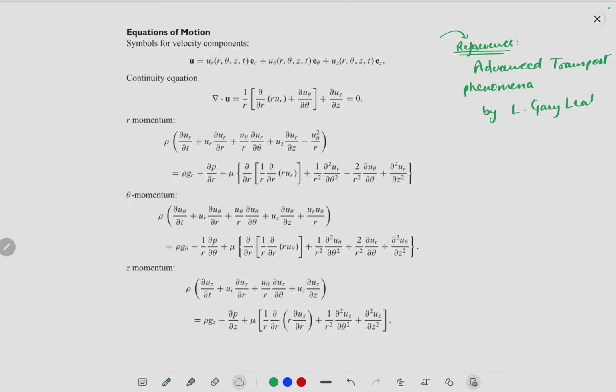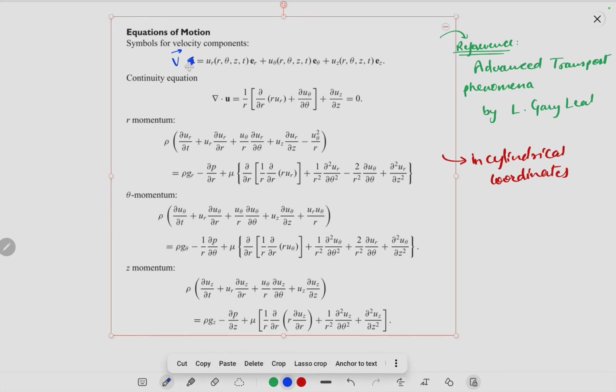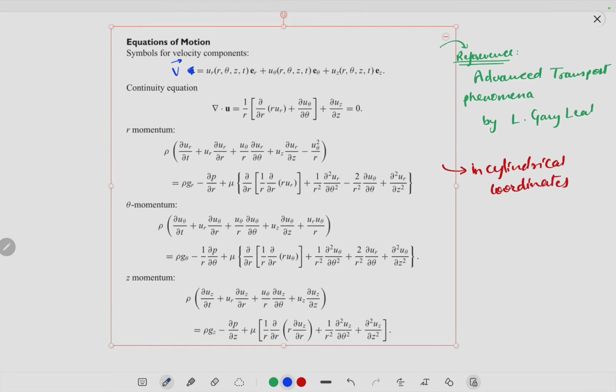So these are the equations in cylindrical coordinates. We have velocity vectors, so our notation is v vector: v of r, v of theta, v of z.